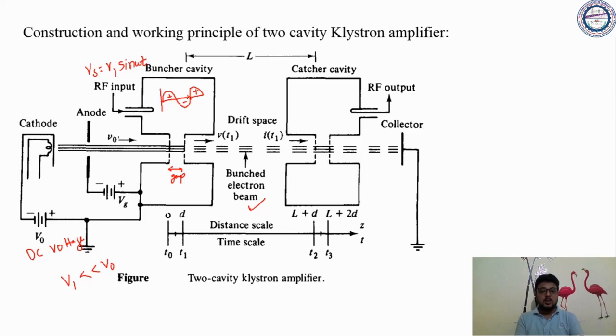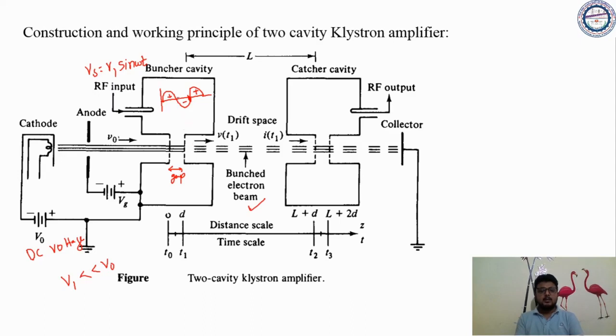The electrons which come at zero signal voltage, or zero gap voltage, will neither accelerate nor decelerate. They will go with whatever uniform velocity they have. The electrons which come in the positive half cycle will be accelerated because they gain some energy from this weak signal.